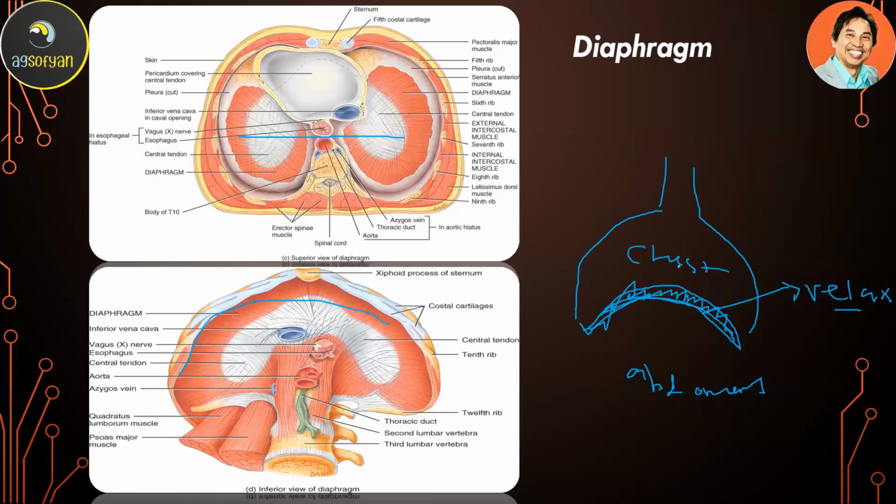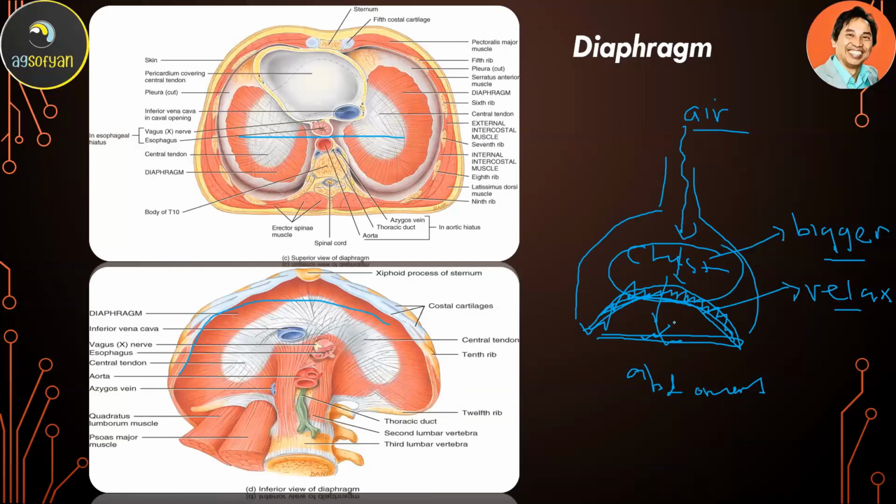When it is contracted, it goes down and becomes flat. So what happens if it is flat? Then the chest area becomes bigger. When the chest is bigger, the air will enter into the lungs. Okay, this is how the diaphragm works.